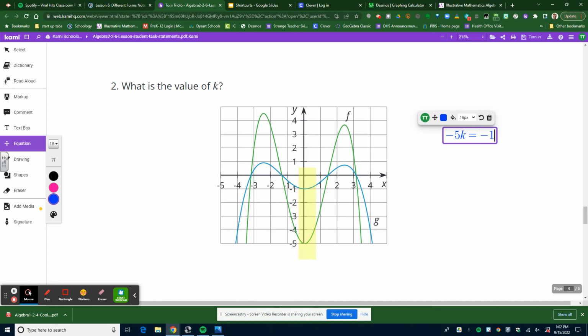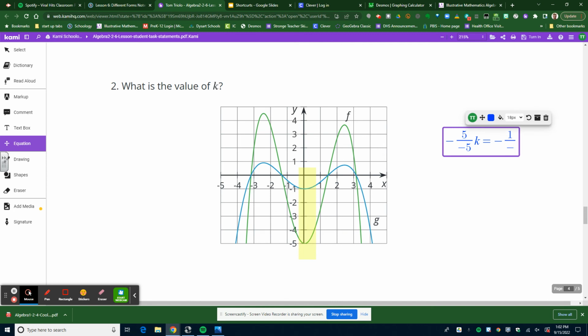Okay? So if I divide both sides by -5, what do I get? 1/5. Okay? So it is being shrunk by a factor or compressed by a factor of 1/5, because a negative divided by negative is positive. So my shrinking factor is 1/5.